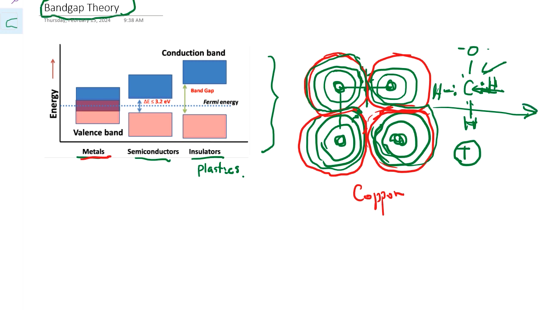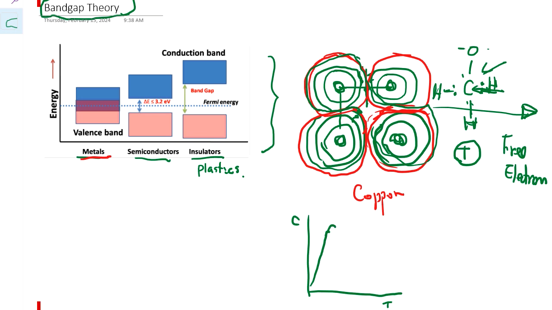Electron freely move. It's called free electron. Okay, so if you look at the copper conductivity curve, when temperature is low, conductivity is low, it suddenly goes up really high. So it's a conductor.